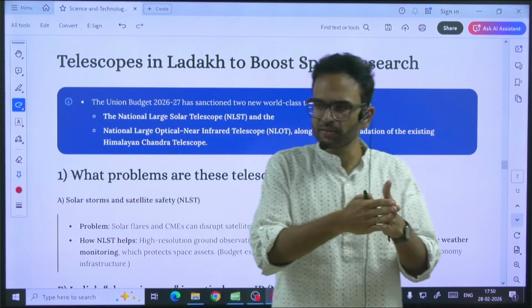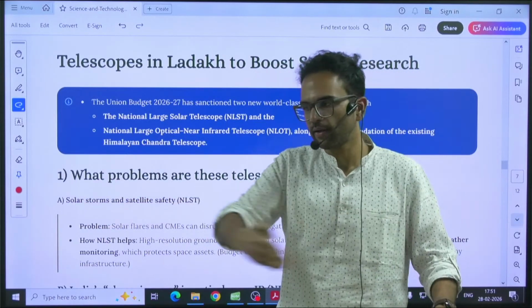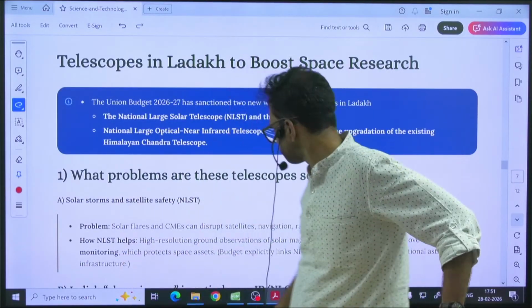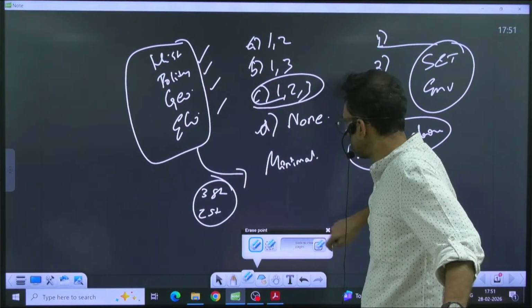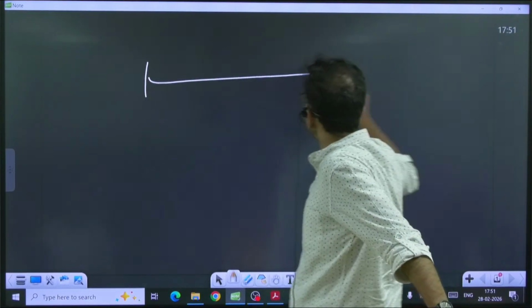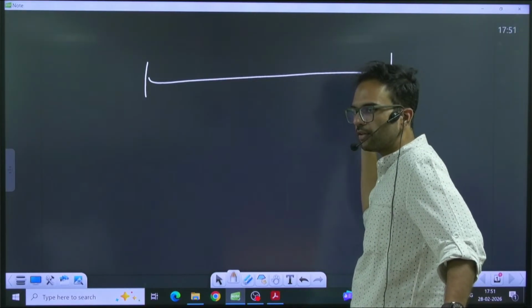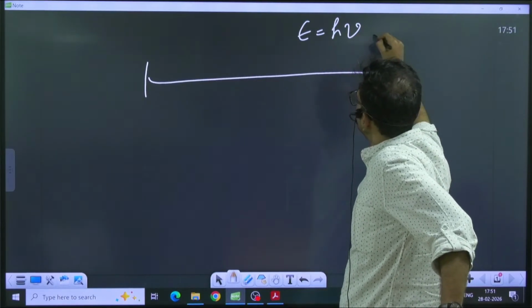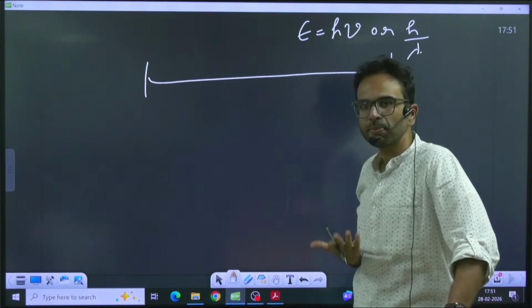The electromagnetic spectrum is referring to a huge spectrum, like an arrangement, an imaginary line you can imagine. If I arrange different frequencies on this line, there is a law which explains this.